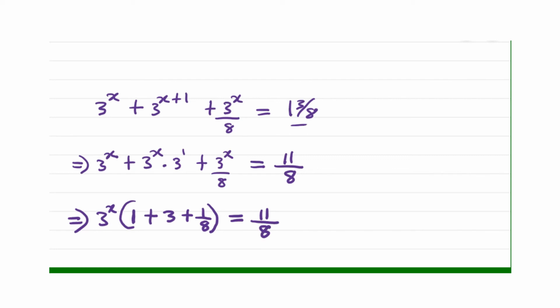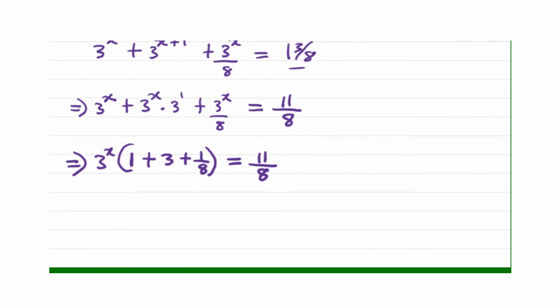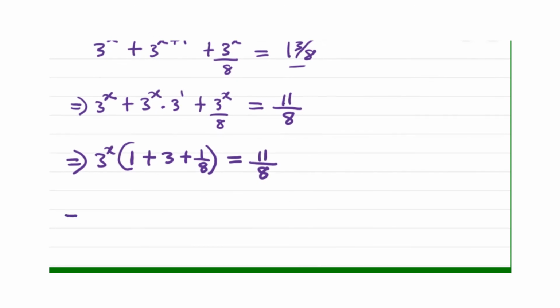Good. Then from there we add up our things, which now implies that 3 to the power x multiplied by 1 plus 3 plus 1 over 8, it gives us exactly 33 over 8 is equal to 11 over 8.